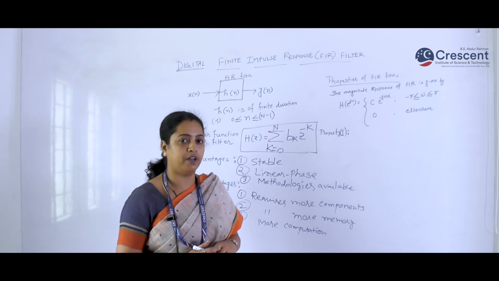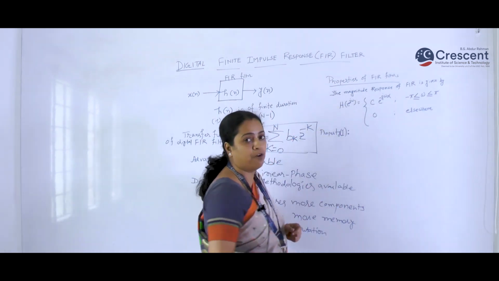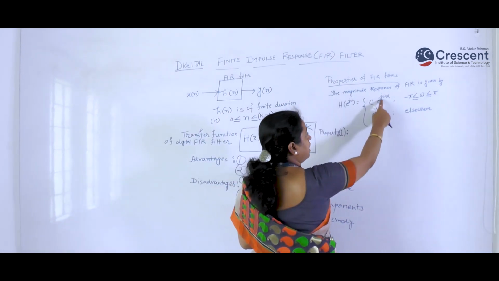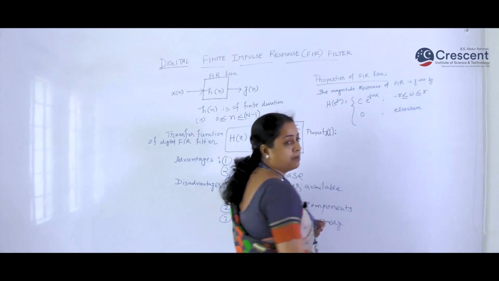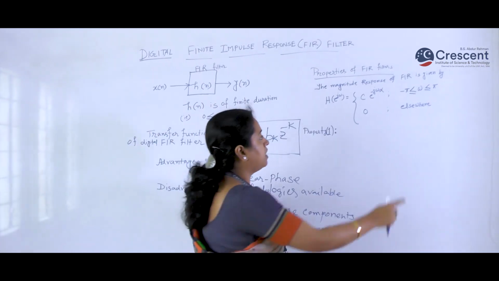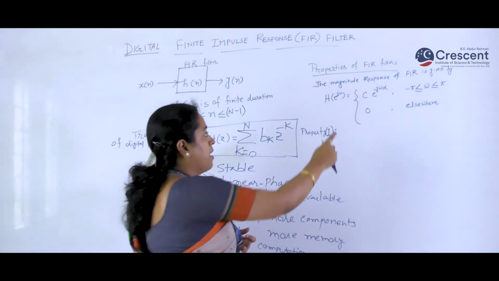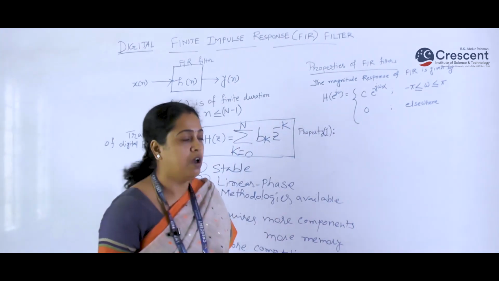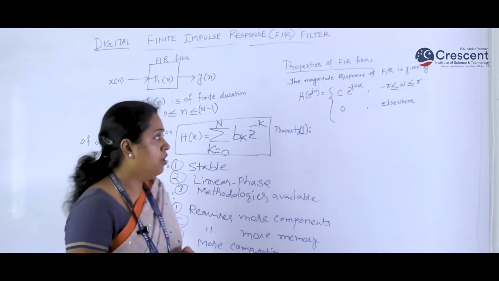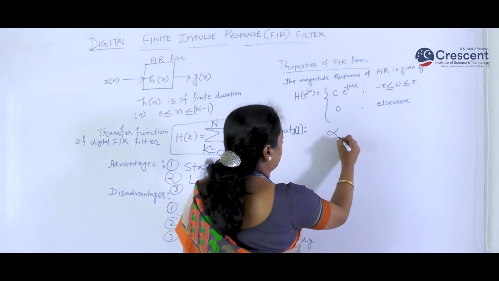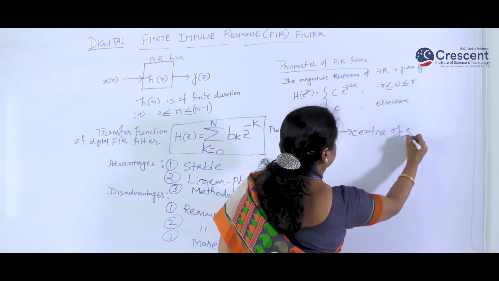In the case of the FIR filter, the frequency response is given in the form C e^(-jωα), where ω is the frequency which lies in the range from minus pi to pi, and the value is equal to 0 outside the frequency range from minus pi to pi. What is this alpha? This alpha is called the center of symmetry.